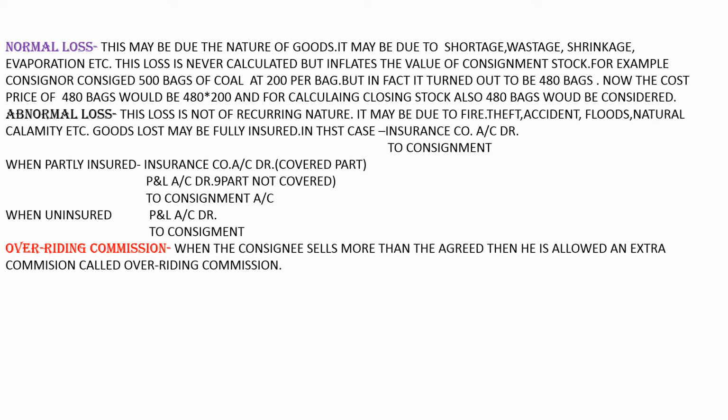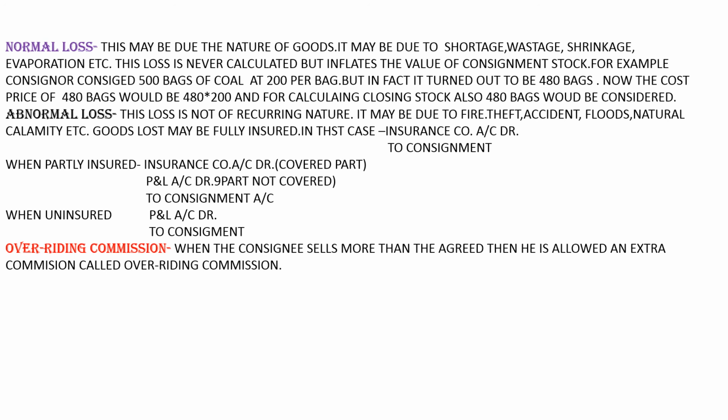So he will be given overriding commission. Overriding commission means in addition to the commission already agreed, he will be given an extra commission. He will be rewarded for his extra work, so that in future also he carries on with the extra work. So this is called overriding commission.